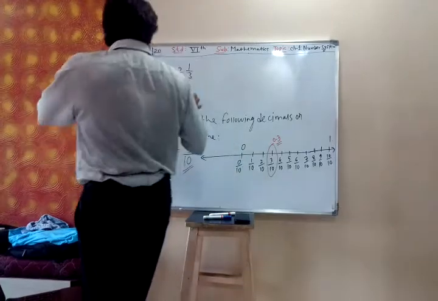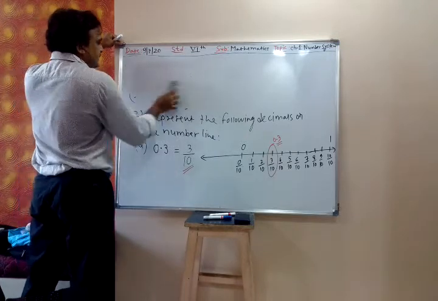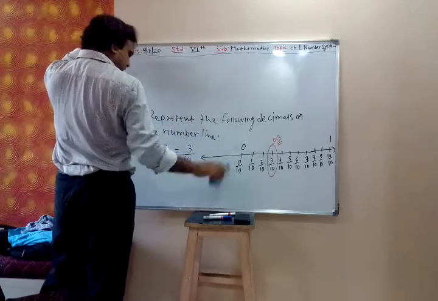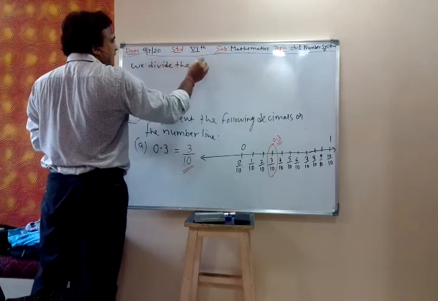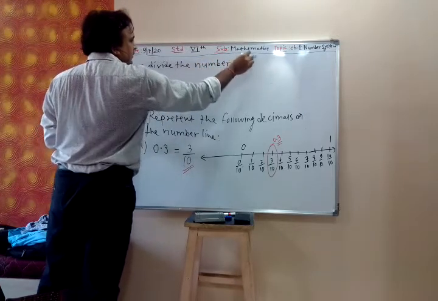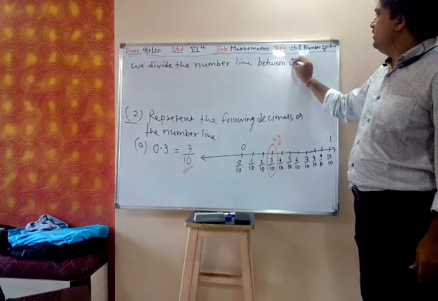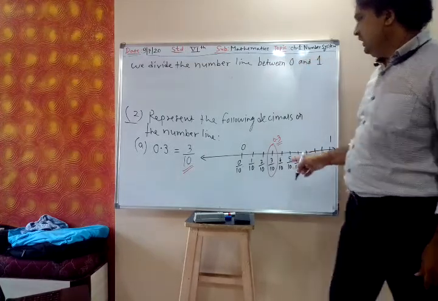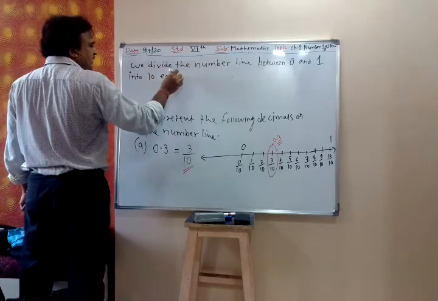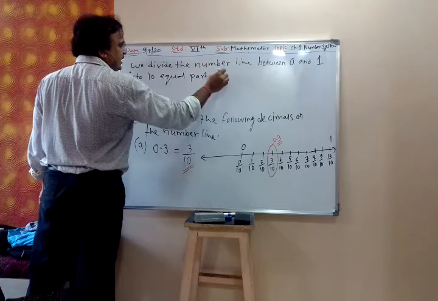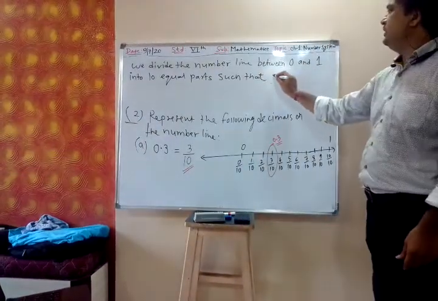So we write the explanation. We divide the number line between 0 and 1 into 10 equal parts, such that each part is equal to 1 upon 10.